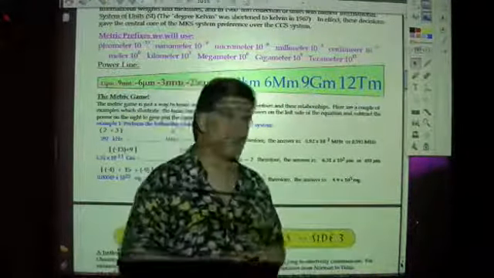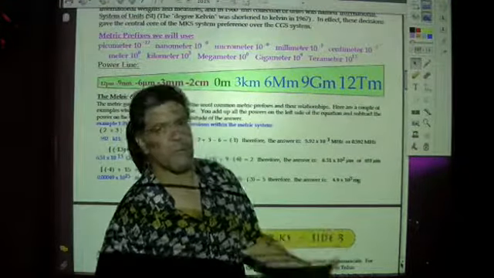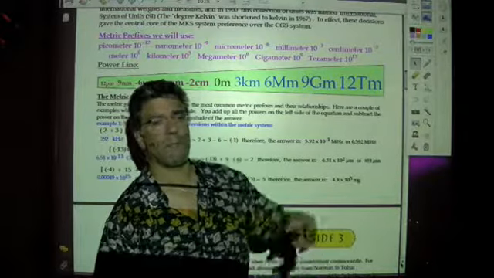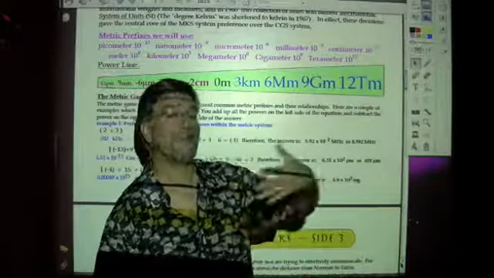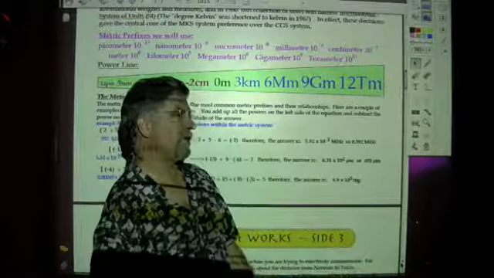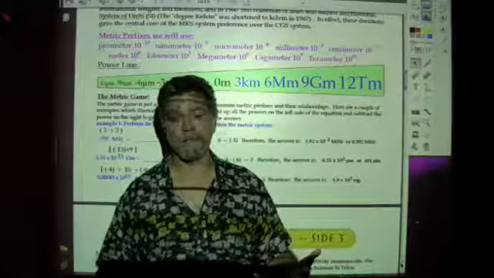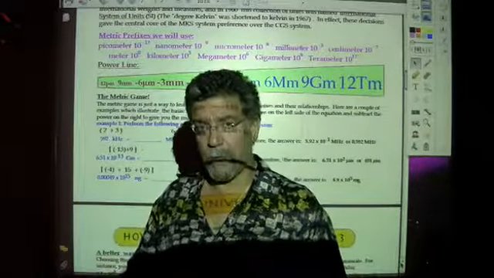And then terameters. A terameter is 1 trillion meters. And you can talk about some astronomical distances. When we get to a little astronomy, we'll talk about astronomical units. We'll talk, of course, about light years, light minutes, that kind of thing. So really, using distances in terms of the speed of light is the most appropriate for long distances.